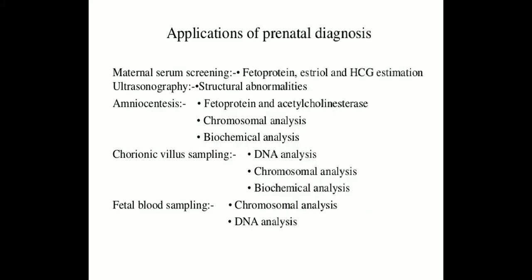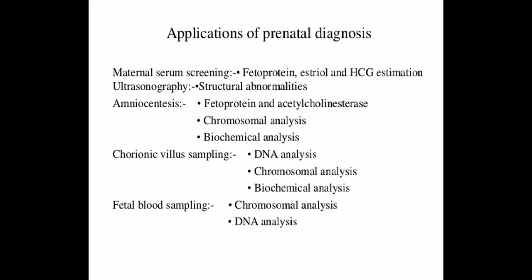Now what are the applications of prenatal diagnosis? Maternal serum screening is the combination of three tests: alpha fetoprotein, estriol, and human chorionic gonadotropin estimation. Ultrasonography is done to rule out structural abnormalities in the fetus.